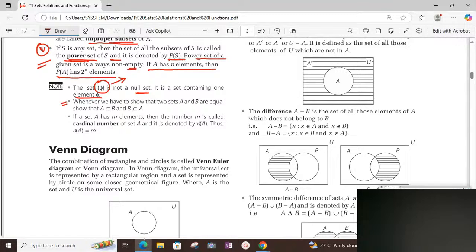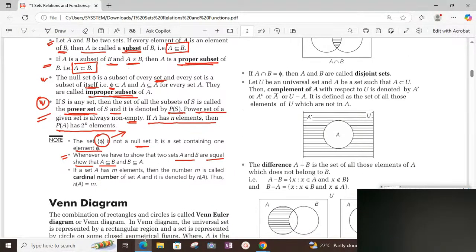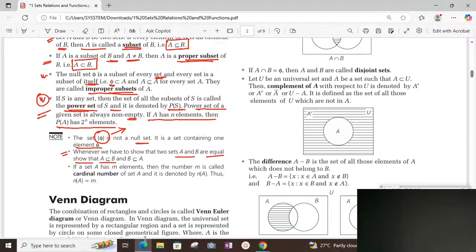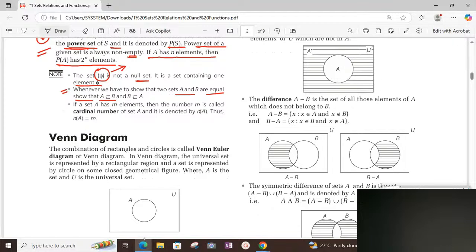Whenever we have to show that two sets A and B are equal, let's see here, A is a subset of B and B is a subset of A. In that case, we say A and B are equal.